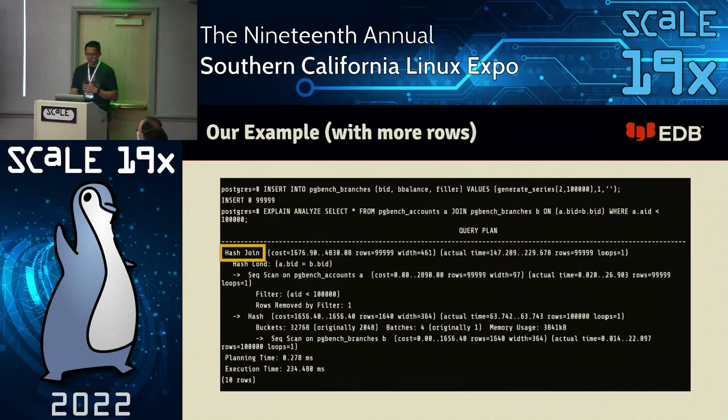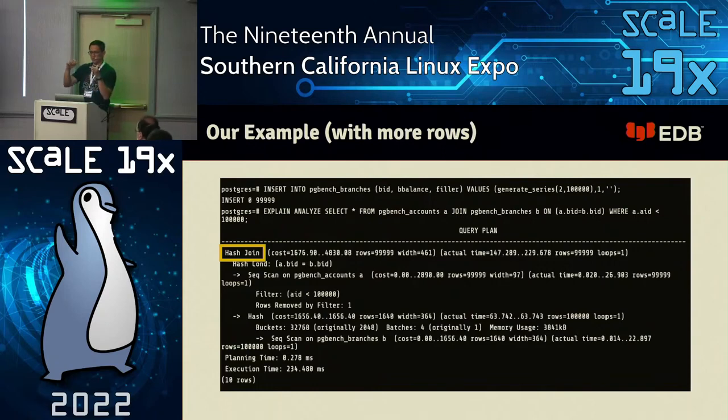Now if you notice, at this point it has decided that it's going to use a HashJoin instead of a nested loop. This is because the branches table is now bigger, and a nested loop would not be efficient. Previously, it was just 1 row in the branches table and 100,000 rows in the accounts table.